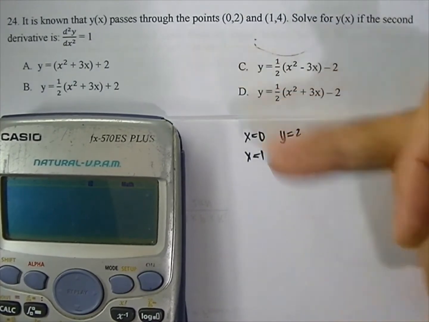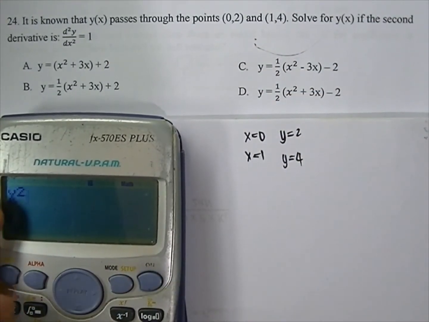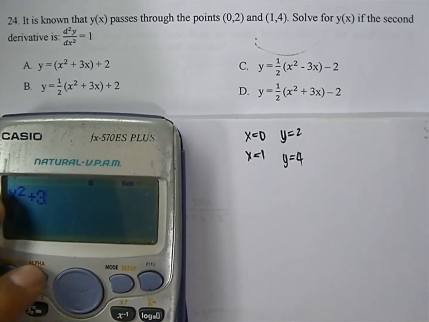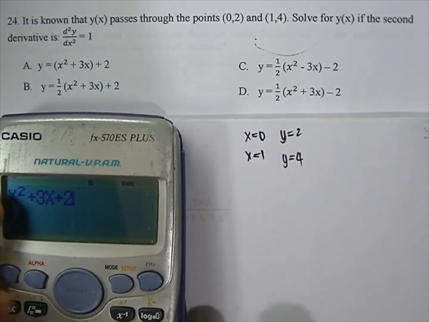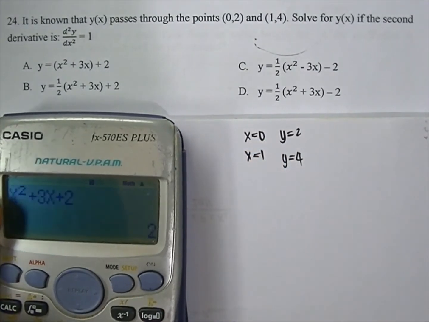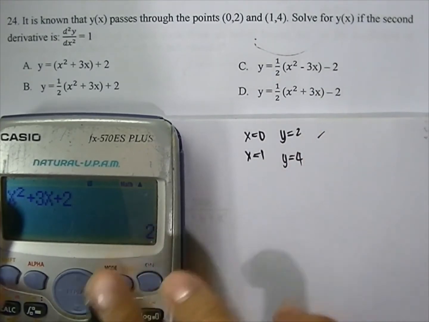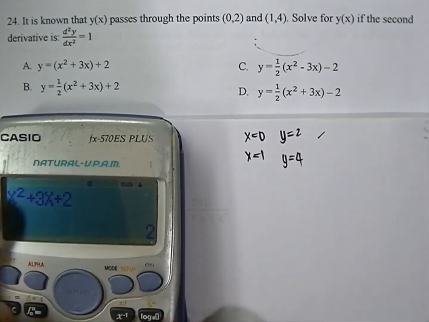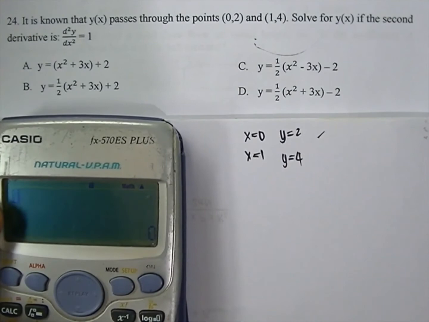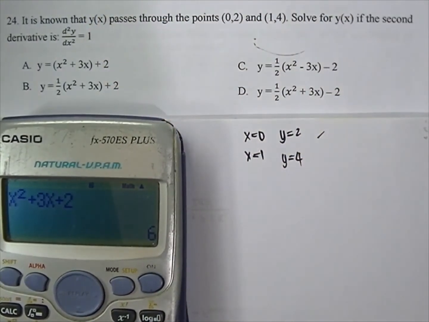So from the choices, in choice A, we have x squared plus 3x plus 2. When x is 0, we have 2, so check. When x is 1, we have 6. So choice A is not the equation we are looking for.